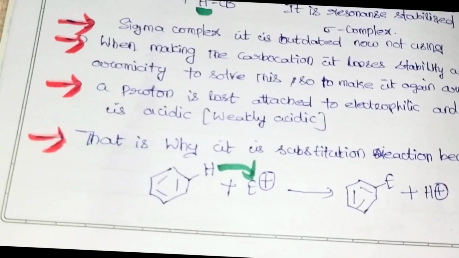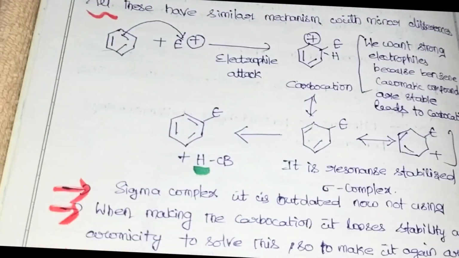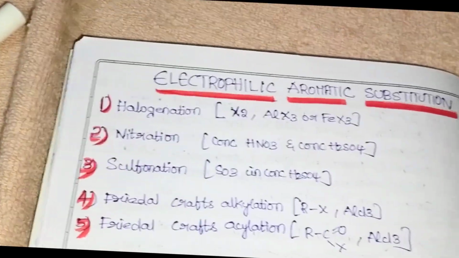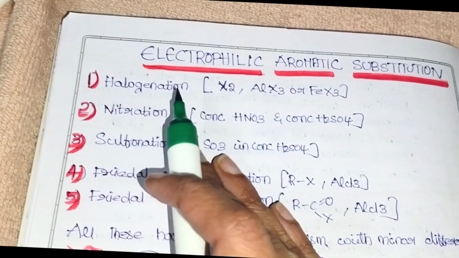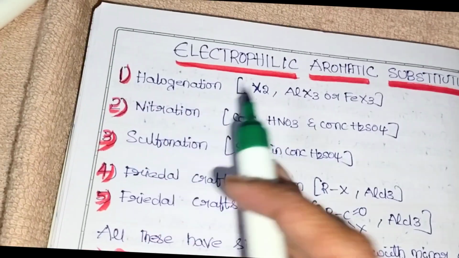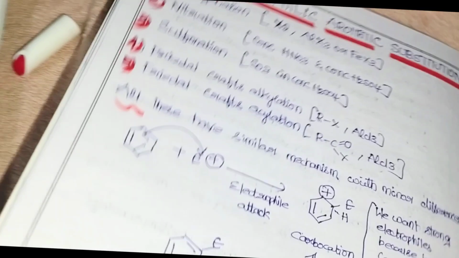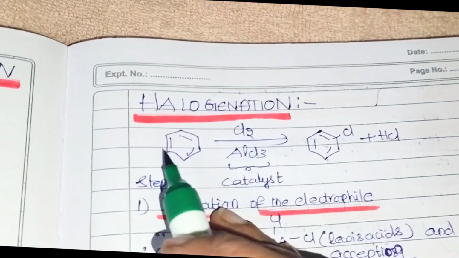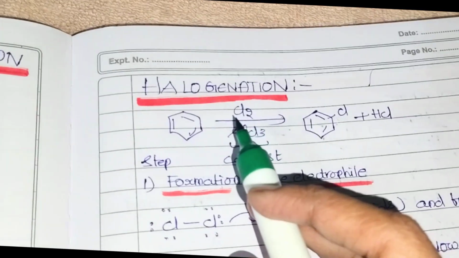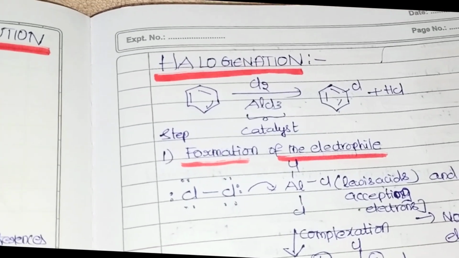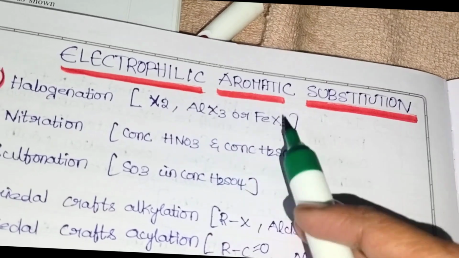So now we understood the general mechanism of electrophilic substitution reactions. Now let's go to the first one, halogenation reactions. We know the halogens: chlorine, bromine, iodine. When we take benzene, halogenation takes place in the presence of aluminium chloride, which acts as a catalyst.